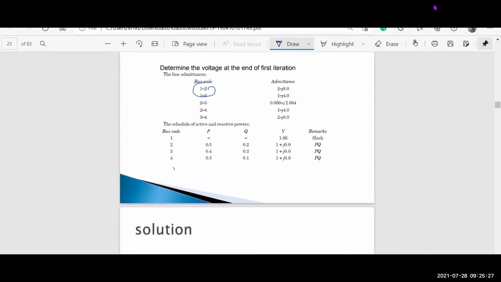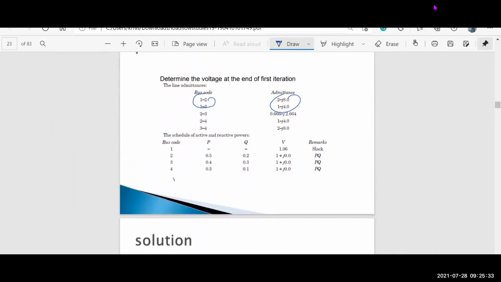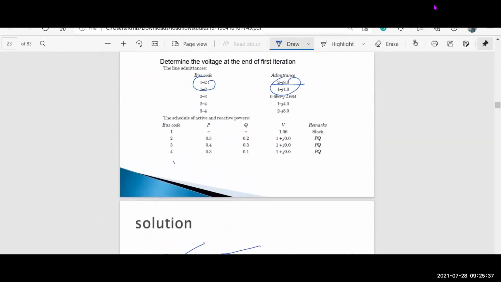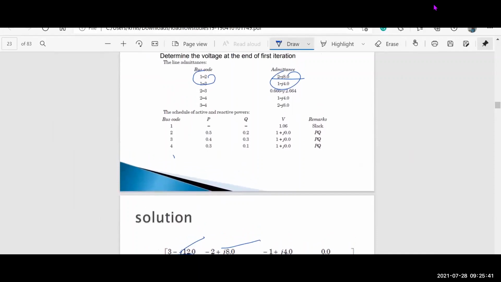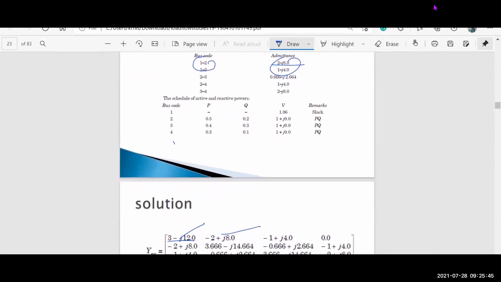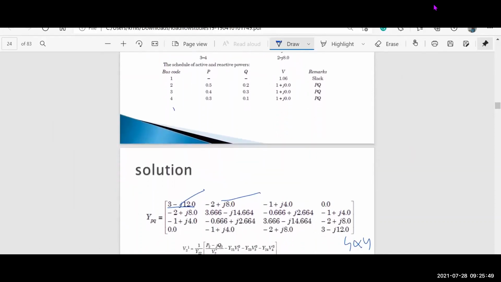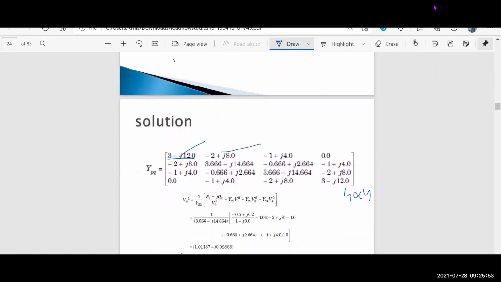All these two would be added. So 3 plus minus 12. What will be Y12? Y12 is 2 minus 8. Similarly, using the same method, you have to add and place the symbols. This is done now.